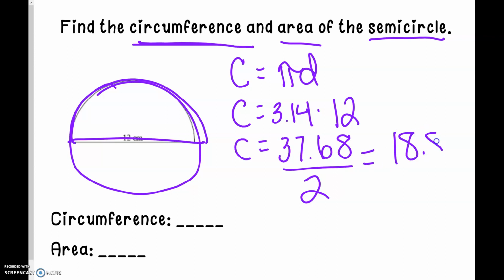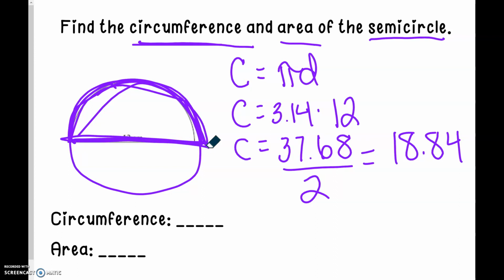And when you do that, you end up with 18.84. Now, you might stop and think, oh, that's my answer. But remember, the circumference is the outside of the circle, so that really only represents this part. With the semicircle, we also have this line going across, which they tell us is that 12 that we used for the diameter. So we need to add that part in.